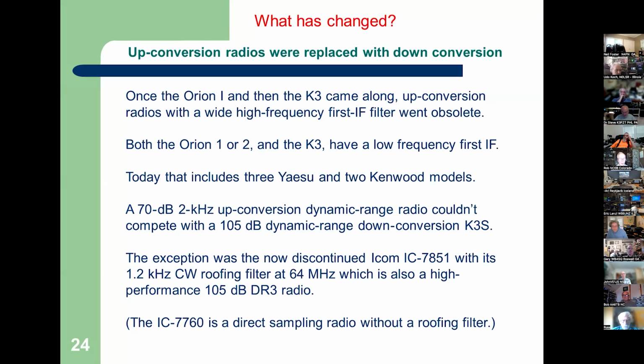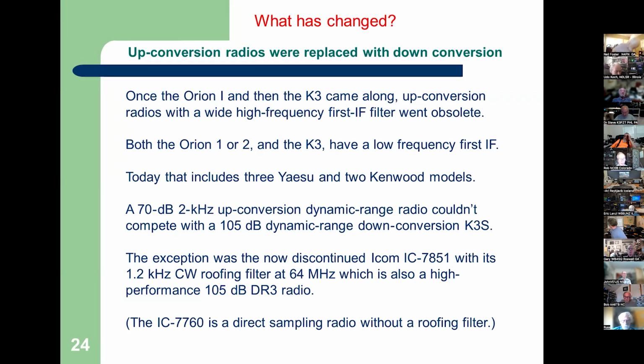The only exception that didn't get blown out of the water was the ICOM 7851 at about $13,000, which has been discontinued, and it had a little over a 1 kilohertz roofing filter at 64 megahertz. Expensive radio, but it had 105 dB dynamic range, just like the K3S.